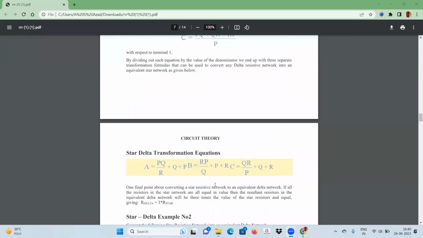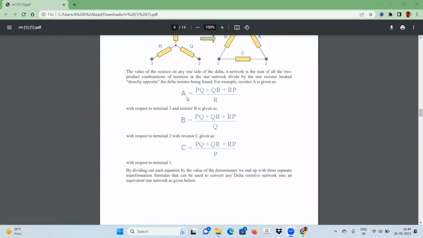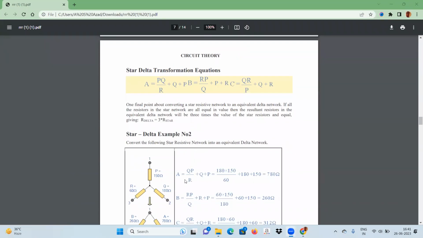If you want to simplify this formula, then A will be, this R can be cancelled by this R, then this will be Q plus R plus PQ by R. So A will be P plus Q plus PQ by R.